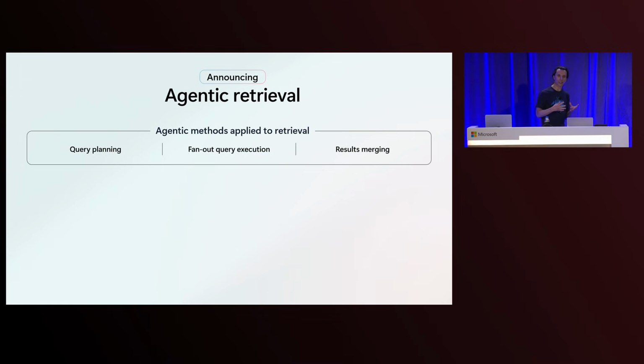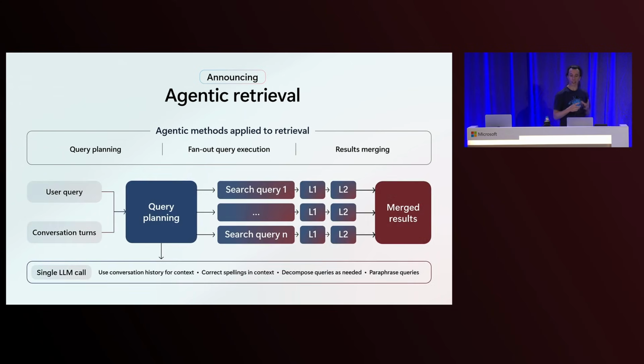We do query planning to really understand what information need is being formulated to us, maybe decompose the query as needed, and fan out many questions or different slices of the question so that we can find different data points that may be necessary to stitch together. And finally, we merge all the results in a single response that you can feed to a language model. So the picture is a little different. This time, when you call the system, what you give us is not just a query. You can give us a slice of the chat history, so we have the context.